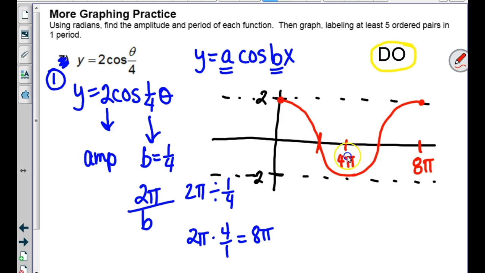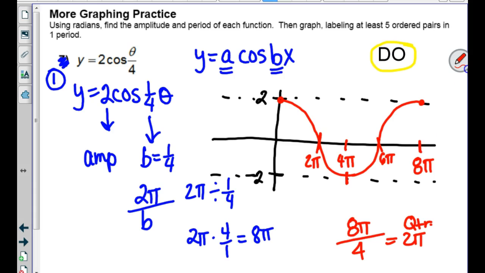Because it's halfway is the minimum, where it crossed should be the quarter points. So if we took the period of 8 pi, you're always going to divide it by 4. And that's going to tell you how often your quarter points are. Now, if you have a phase shift, you have to add those on and it gets messy. But this one, because it started at 0, you just go 2 pi, 4 pi, what?